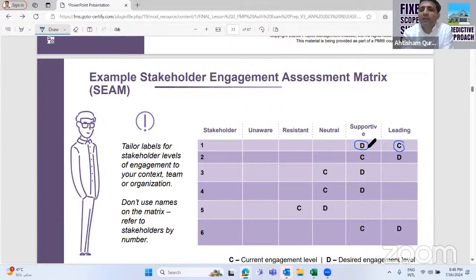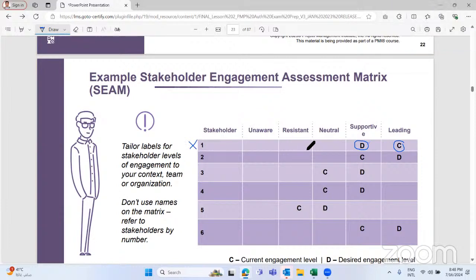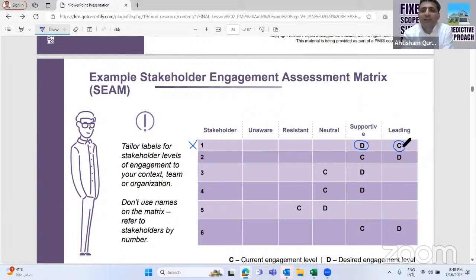Do we need to do any more extra effort on this stakeholder 1? Doesn't make sense, right? All we wanted was it to be supportive, and it is not only supportive, it is leading in the project. So all done. This stakeholder, we don't need to invest any time, any energy, right? They're already leading.